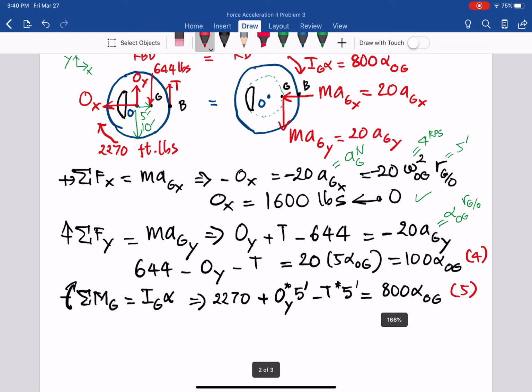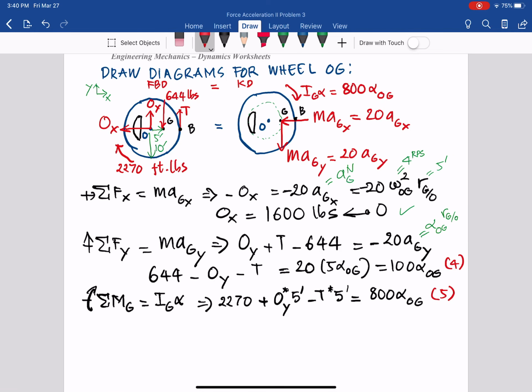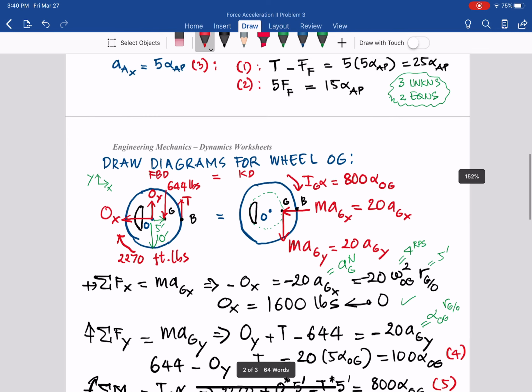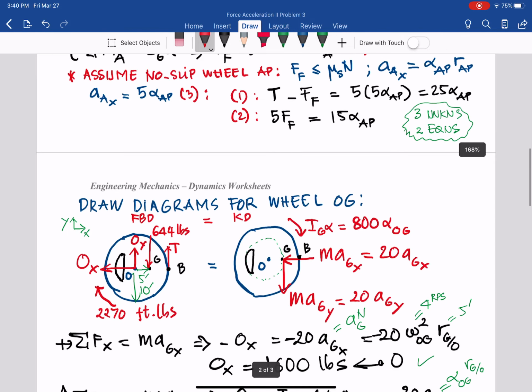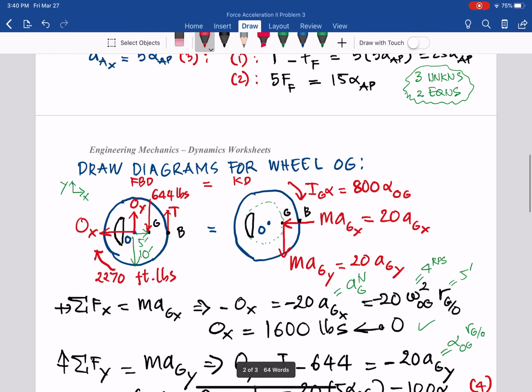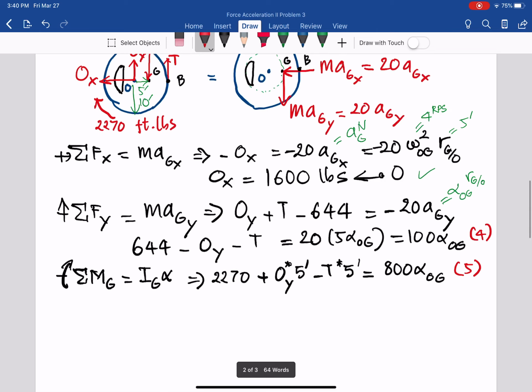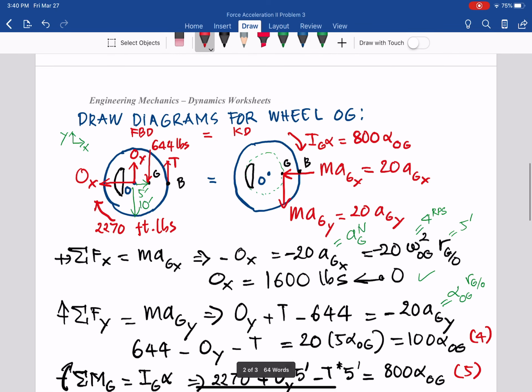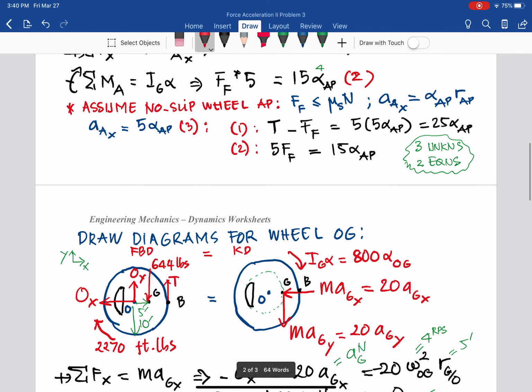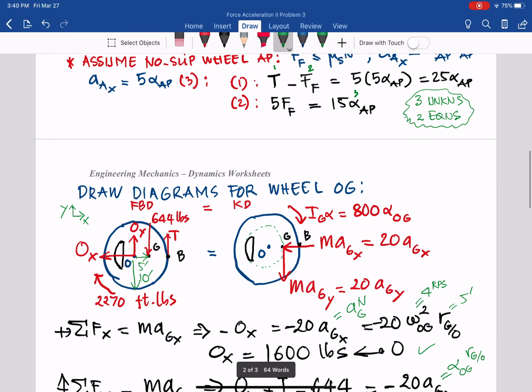Okay, now let's see how many unknowns we have. Here, we have 2 equations, 3 unknowns. How many additional unknowns do we have here? Okay, so let's write the unknowns so that we can see. Here, we have 1, 2, 3, right?